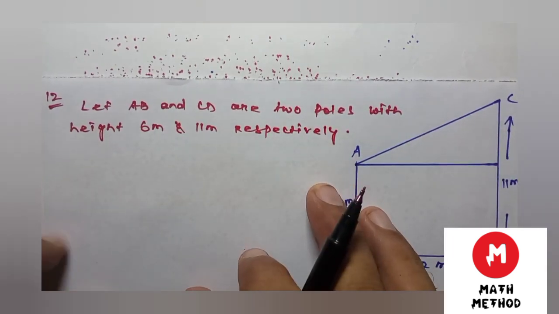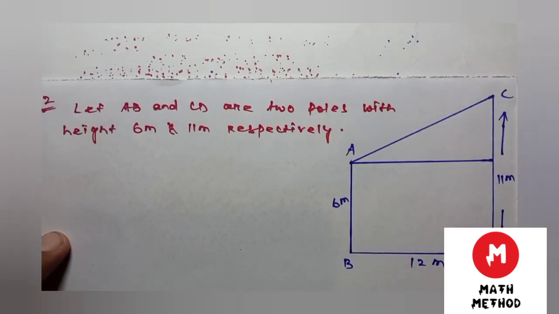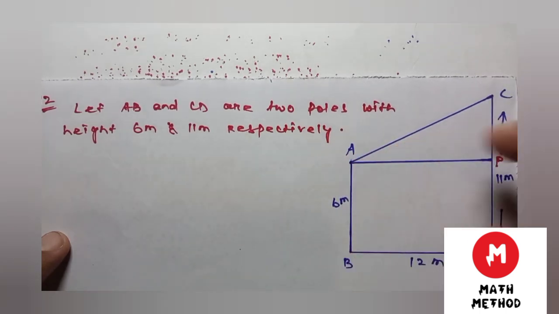Clear? So here let the intersecting point be P. Now CP is equal to, here this is 6, so total is 11 and this is 6.